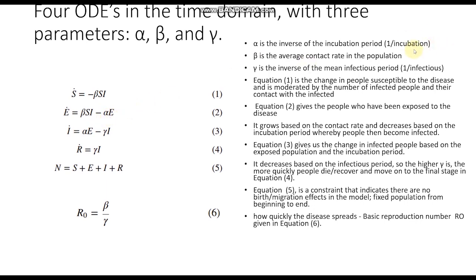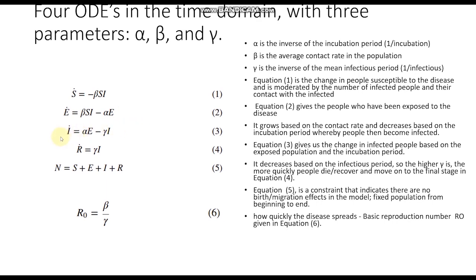If the incubation period of the disease is very low, that means it spreads very quickly, then the value of alpha will be very high, which will take more people from the exposed compartment to the infectious compartment. That means alpha into E will be a bigger number.